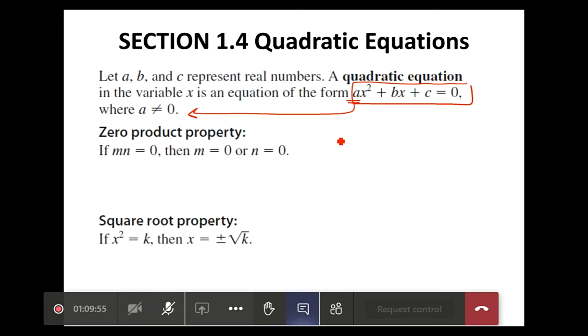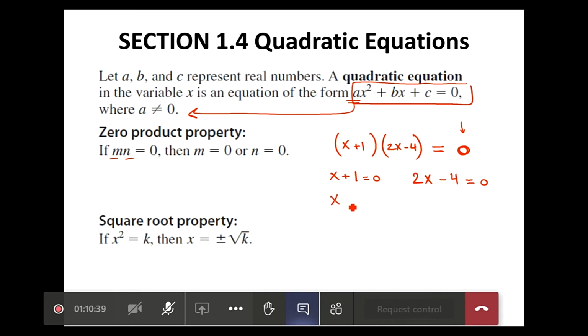Now if we have two brackets equal to 0, for example x plus 1 and 2x minus 4. If we have two brackets, for example m and n, multiplied together and the answer equals 0, so maybe the first bracket equals 0 or the second bracket equals 0. اوكي، هذا تعلمته يعني يا مستحيل انه حاصل ضرب equal 0 إلا إذا كان واحد منهم 0.